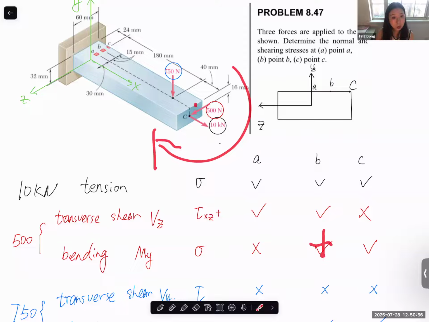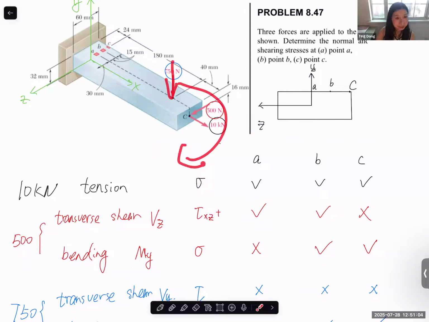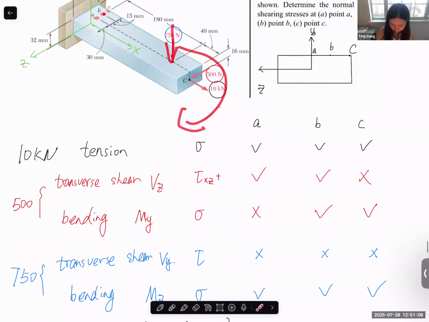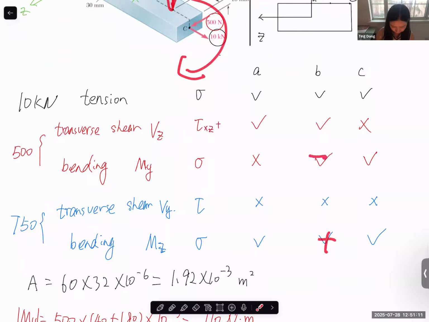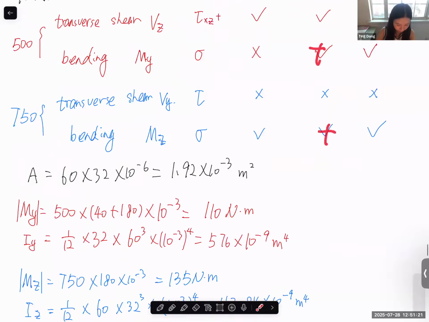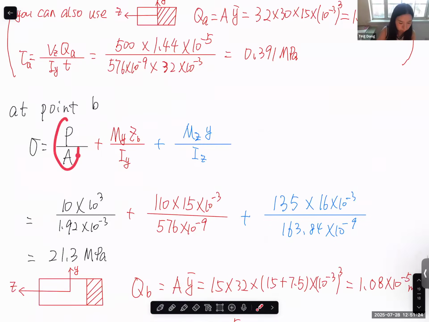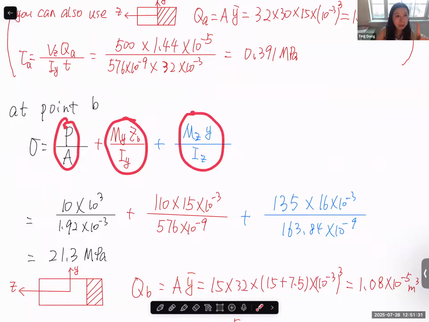And bending about this 750 will cause bending about the z-axis. Normal stress on point B, again, is tensile. So this one is also tensile, tensile, tensile. So that's probably what you asked, when to add and when to subtract. If it's all positive, of course, you add three terms: normal stress caused by tension, normal stress caused by bending about the y-axis, and normal stress caused by bending about the z-axis.